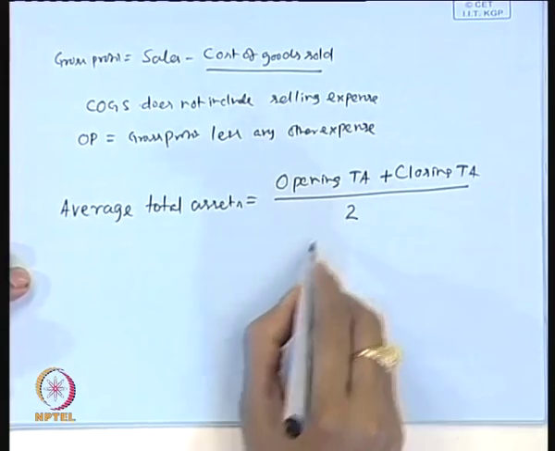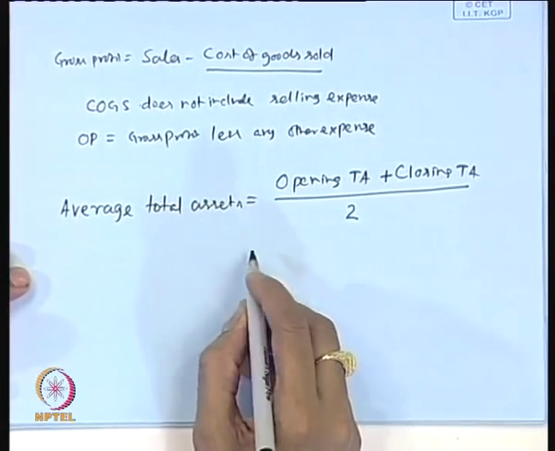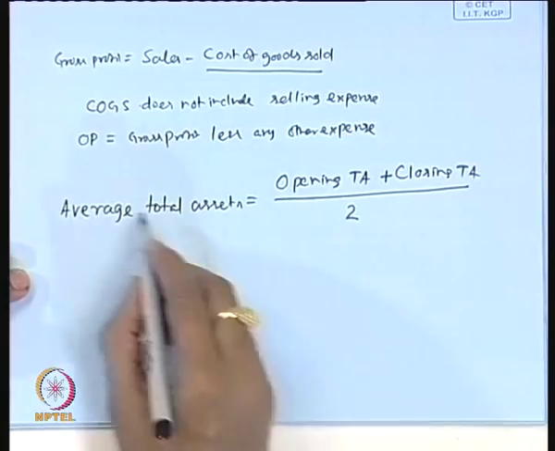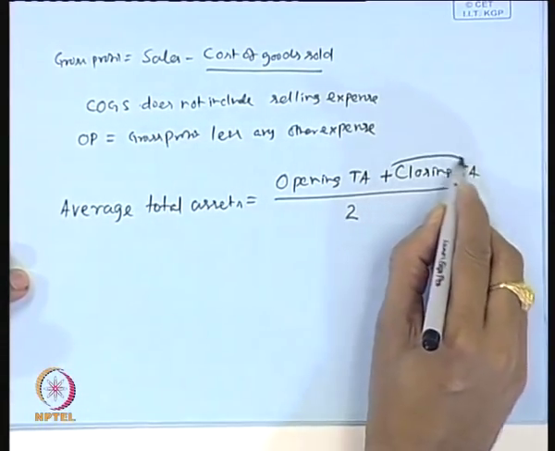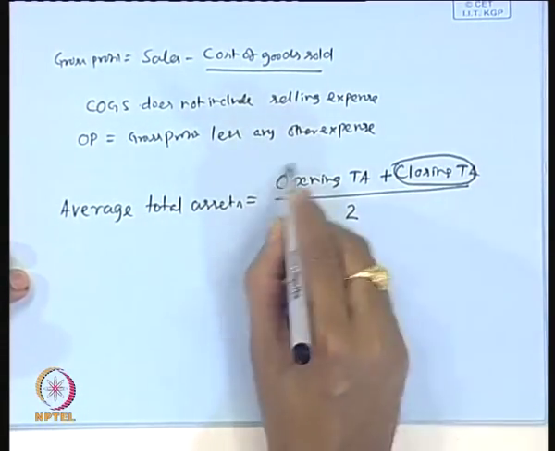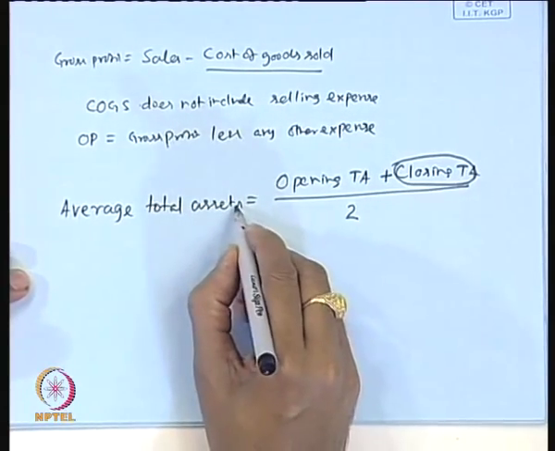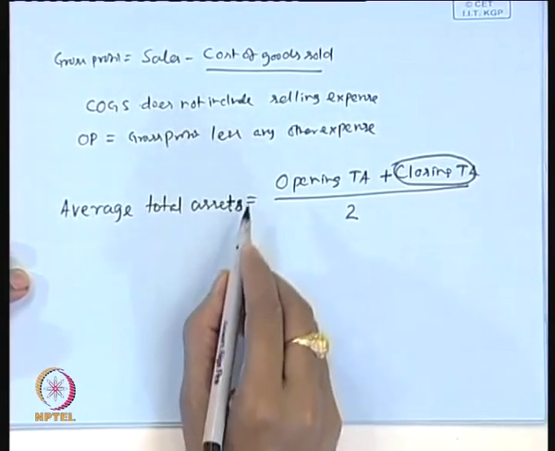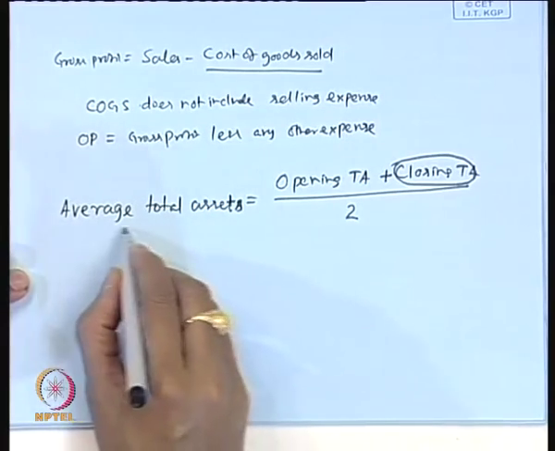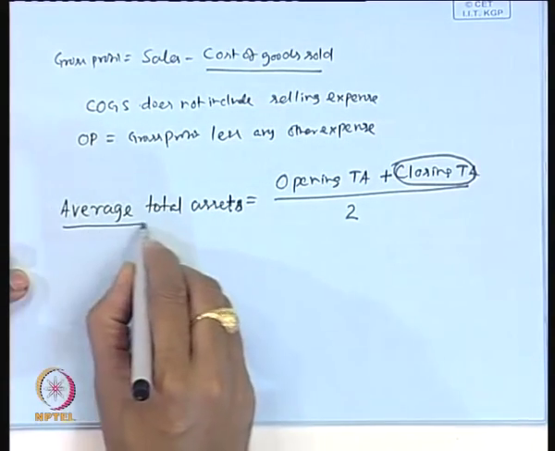Instead of measuring the profit ratio on closing total assets, we measure it on this average. What is the superiority of this measure? Instead of taking closing assets, why should we take average total assets?